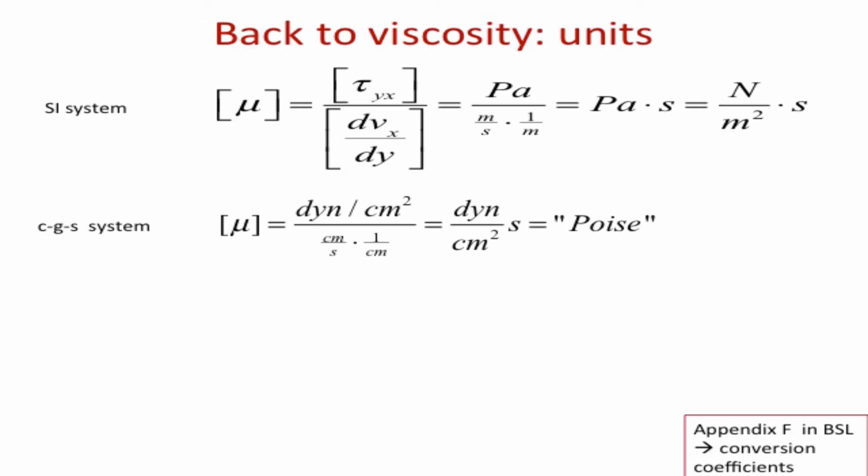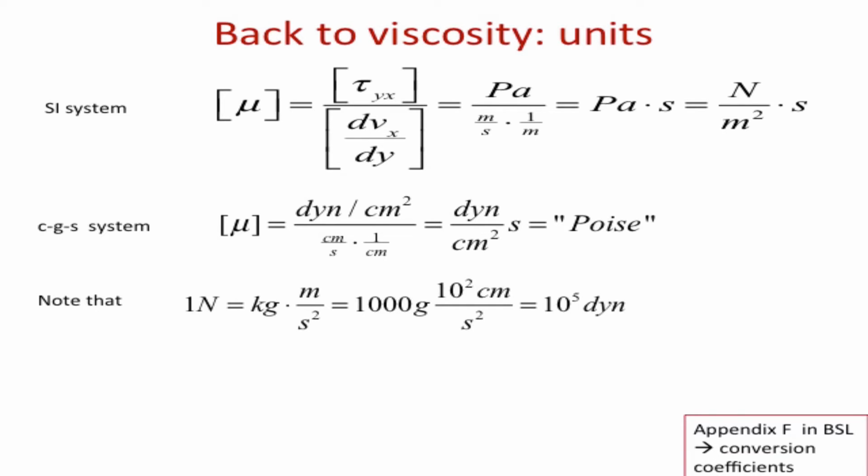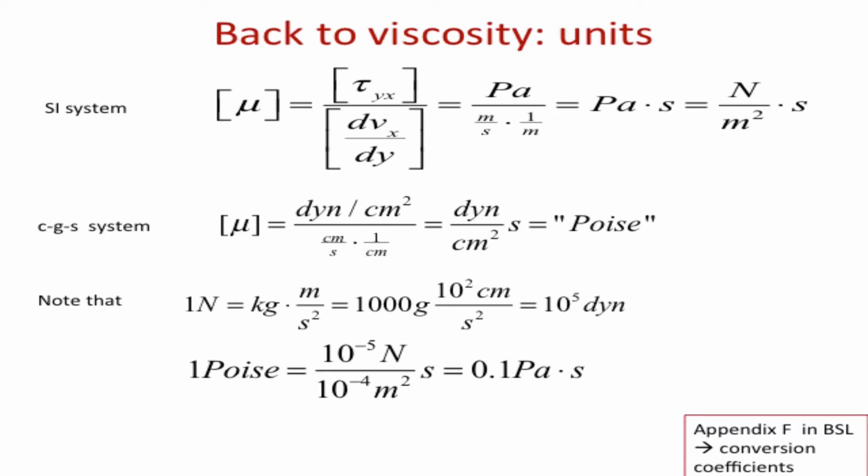Okay. So 1 centipoise, which is the viscosity of water, is 10 to the minus 3 Pascal seconds. So this is the conversion. 1 Newton is 10 to the 5 dynes, and that gives you that 1 poise is 0.1 Pascal seconds, and then 1 centipoise will be 10 to the minus 3.